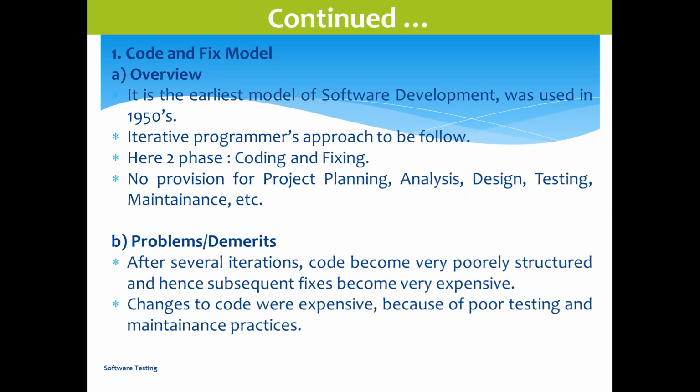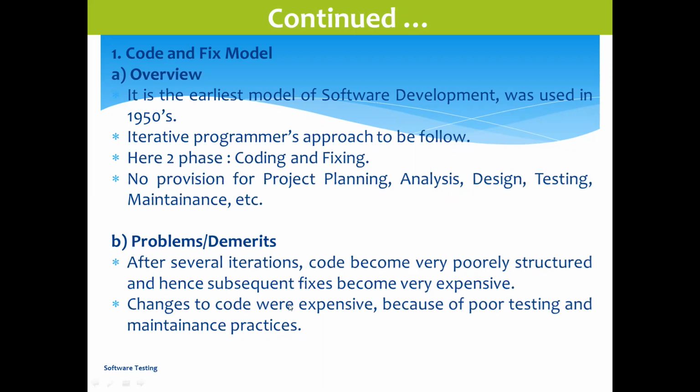Try it once or twice and you can change, that is fine. But if you change 20 times, and all the history is generating, you have changed 30 times today, it is not looking good, very poor, the structure is not good. So many subsequent fixes become very expensive. When the next level comes, again you change the code and fix all those, it is very expensive. So a lot of problems happen.